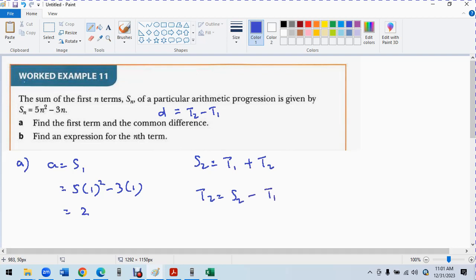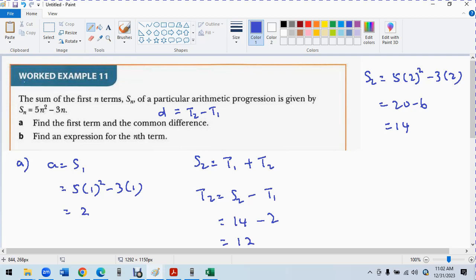S2 is 5 times 2 squared minus 3 times 2, which is 20 minus 6, that is 14. So we have 14 minus the first term. The first term a is 2. Then we have 12.